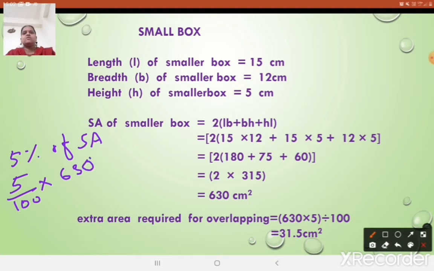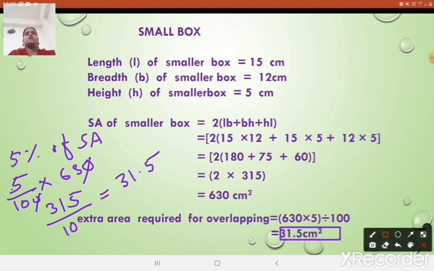If you do the calculation, the 0s will get cancelled. Then 5 3s are 15, carry 1, 5 6s are 30 plus 1 is 31, by 10. So the answer is 315 by 10, which is nothing but 31.5. Is it correct? And we got the same answer over here. Correct. So your answer is 31.5 centimeter square.